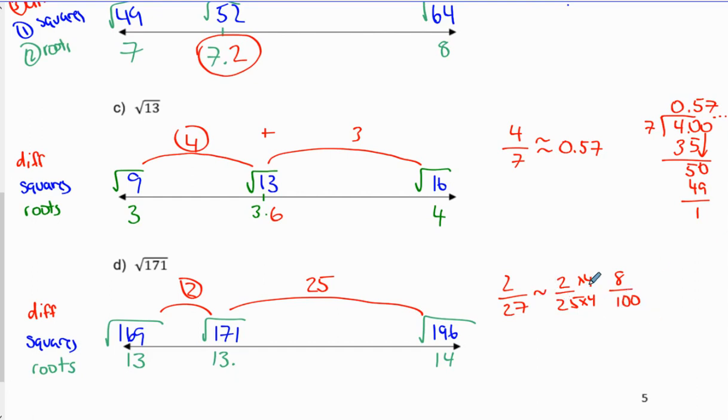So I know this 8 over 100 is 0.08, which is really close to 0.1. Okay, so for this, 13.1-ish is pretty close to the nearest tenth.